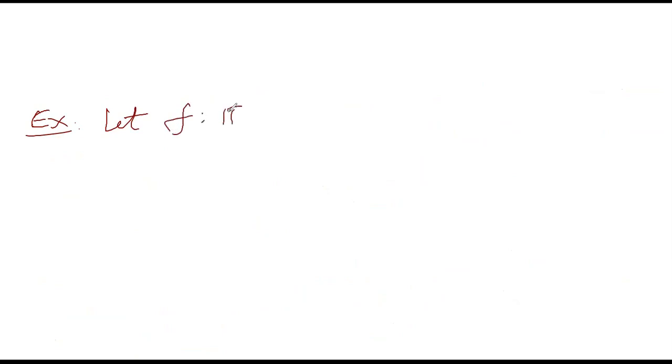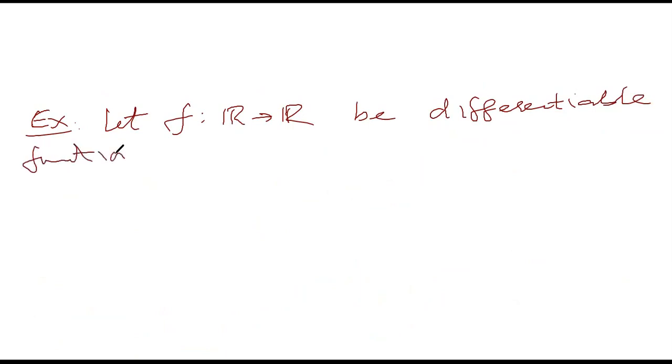Let f from R to R be a differentiable function. Then show that f dash is Lebesgue measurable. Oh, that's very interesting. Show that its derivative is always Lebesgue measurable.